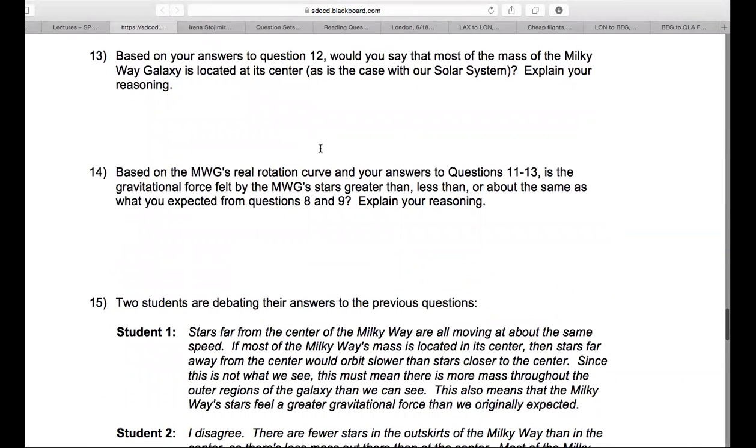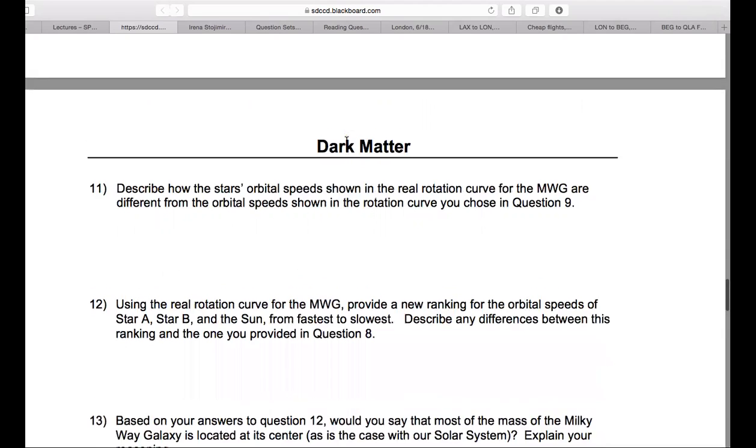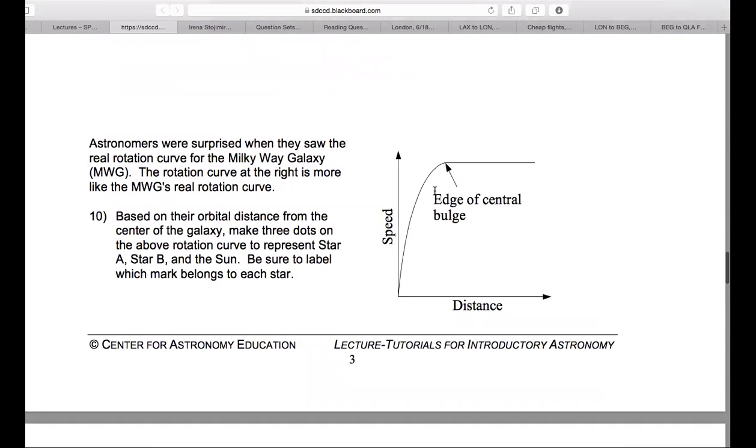Okay, so question 13. No. Mass is distributed at large radius beyond the stars. Why do you say that? No, because I see the stars in the graphic 10, but they are not like I was putting them at the beginning. They are all the same.